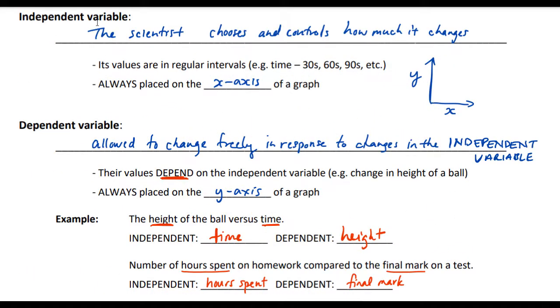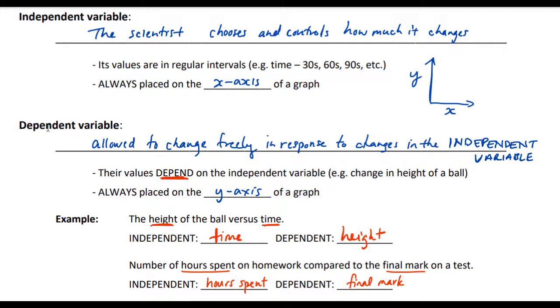The independent variable is the one that you as the scientist are going to choose, and you control how much it's going to change. And the idea is that the independent variable that you're controlling goes on the x-axis, but the main thing is that the independent variable that you are controlling is going to change the other one, the dependent variable.